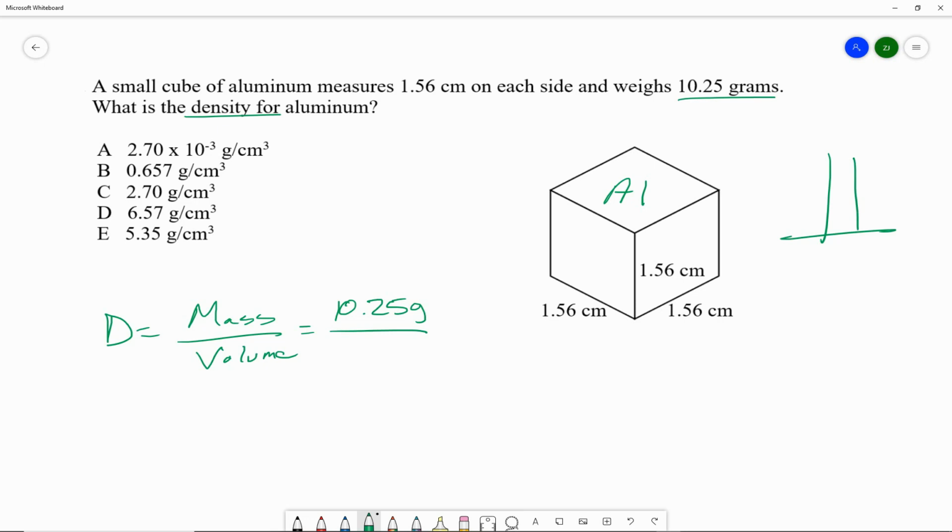And you can see they've measured the length, the width, and the height. If we want the volume of this cube, what would they tell you to do in math? Well, the volume of the cube is the length times the width times the height.